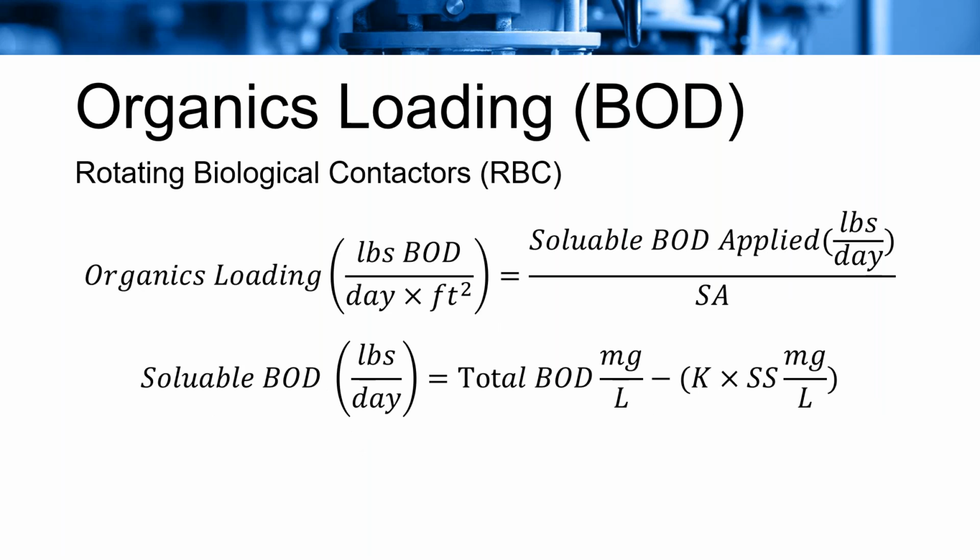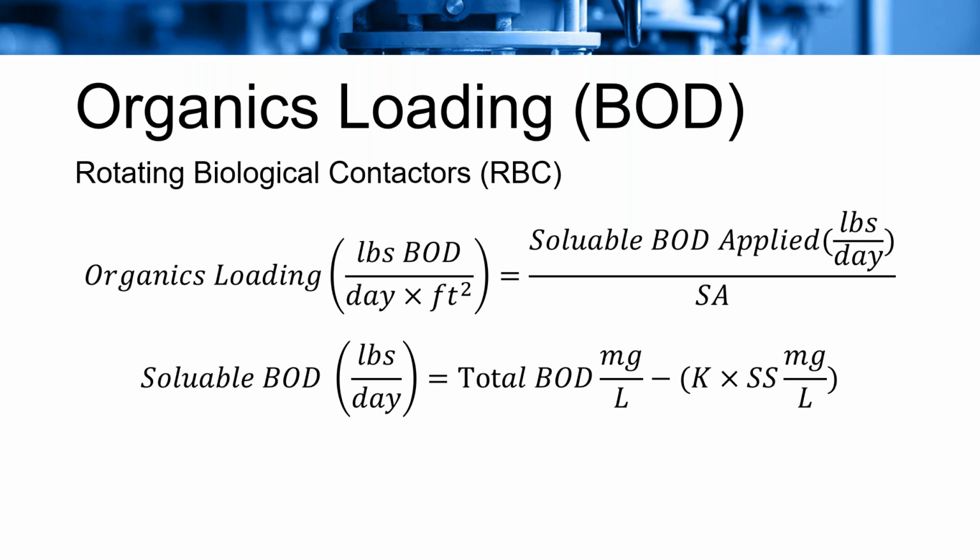We also have organics loading for a rotating biological contactor, or an RBC. This is typically going to be your soluble BOD applied. So your soluble BOD is going to be your total BOD minus your suspended solids times a K factor, or K value, which is usually the ratio of suspended BOD to suspended solids.